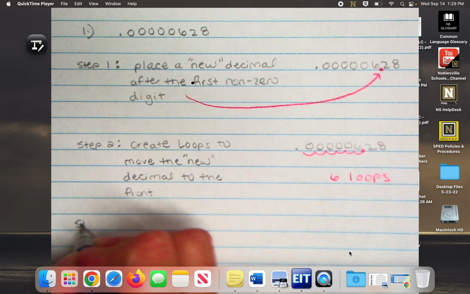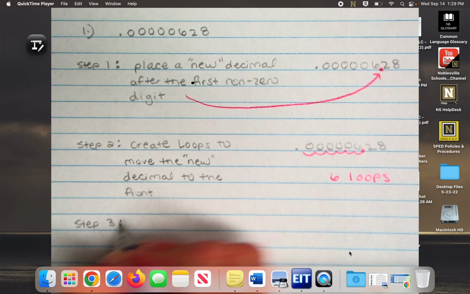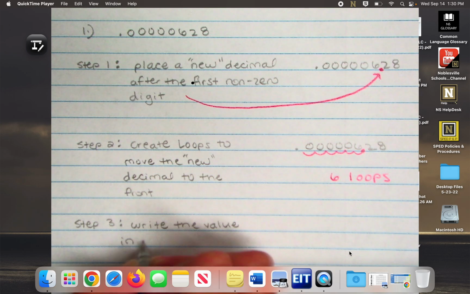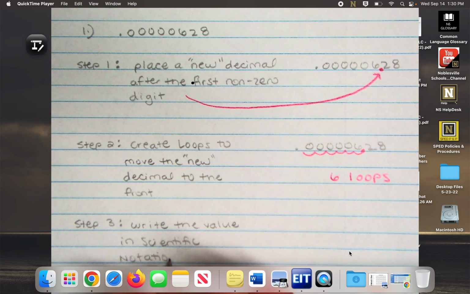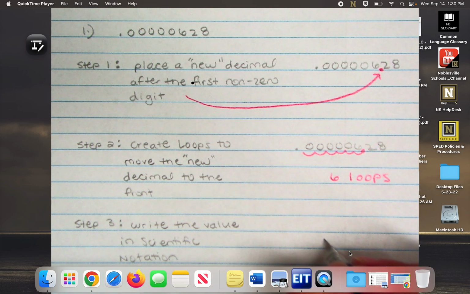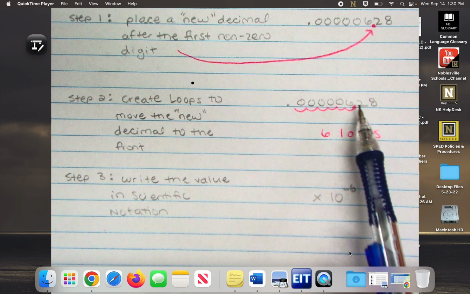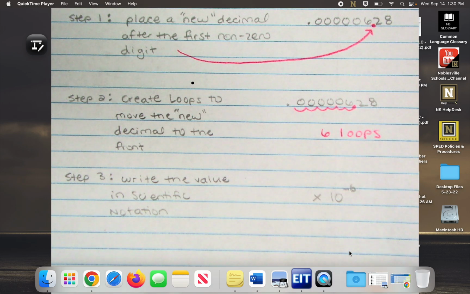So step 3, write the value in scientific notation. So I know it's going to be something times 10 to the negative 6. Again, that's a negative because I counted my loops to the left, right?